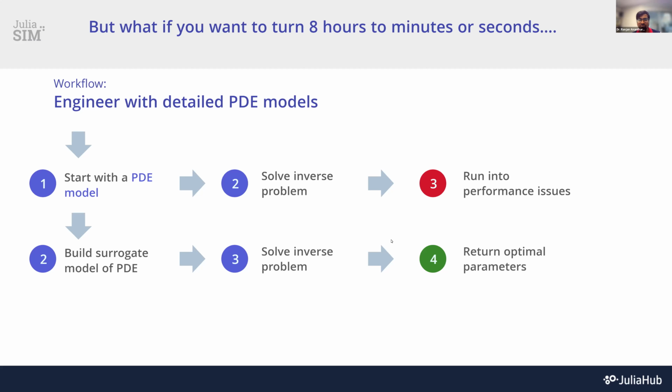Now, I know a lot of you might be thinking, okay, well, a surrogate model introduces some error. So how do you know that these parameters are optimal? You're right, they probably won't be, but it's easy to test it out. You can take the parameters that you've learned, put them in the original model, and see if it matches your design specification.